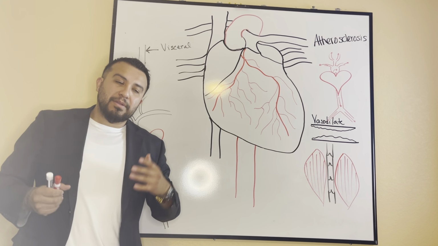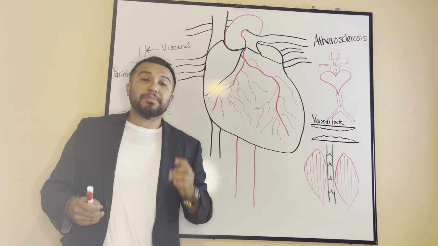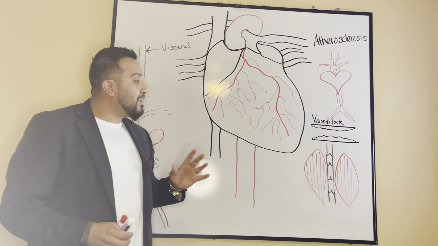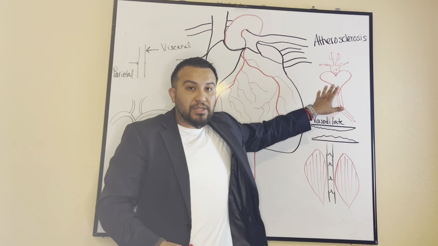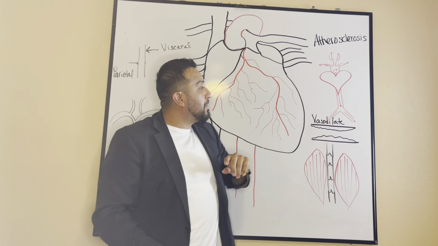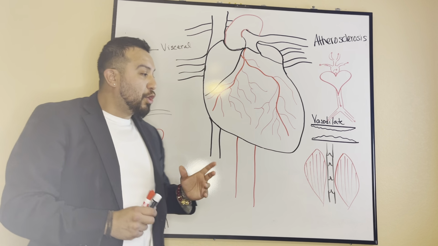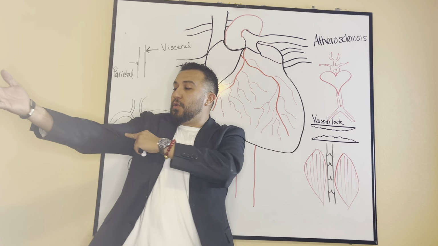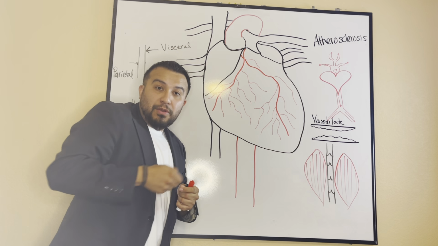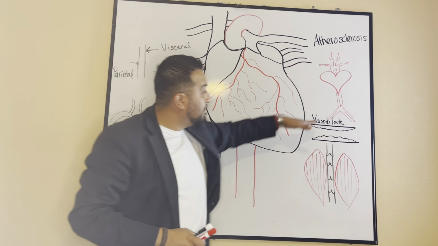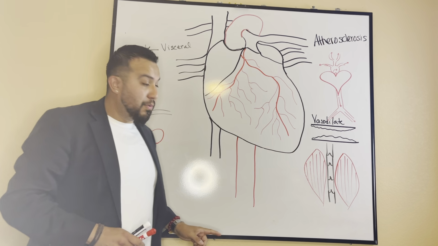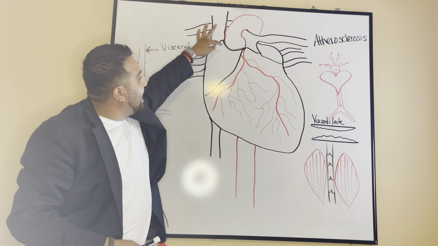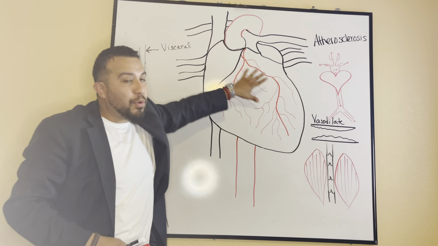So let's discuss the medical interventions that you're probably going to be partaking in regards to the pre and post procedure assessments. So let's discuss briefly cardiac catheterization. And I want to focus on this illustration up here because cardiac catheterization occurs when somebody gets a catheter placed usually in the femoral artery or in the brachial artery, and the doctor inserts a catheter that goes through the femoral artery, up through the abdominal artery, into the thoracic aorta, the aortic loop, and then it makes its way inside the coronary arteries.